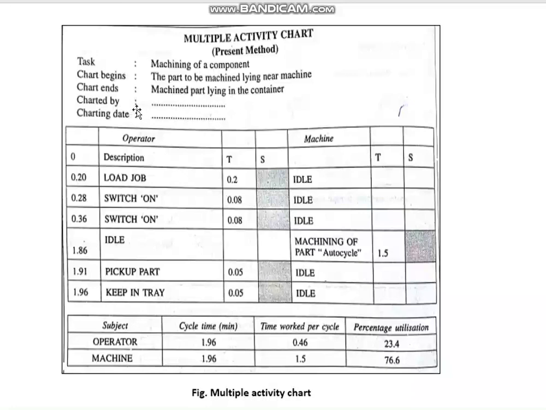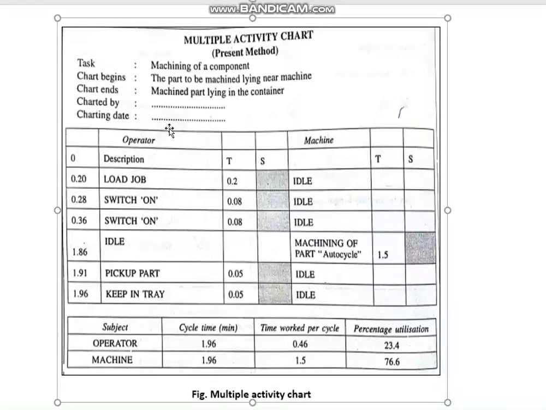Okay, then you can have charted by, that means who has prepared this chart, and what the charting date is. Or you can also have checked by, that means the supervisor will be signing, the person who is supervising the person who is charting. Okay, so these are some of the things on the top of the chart we should write without forgetting.